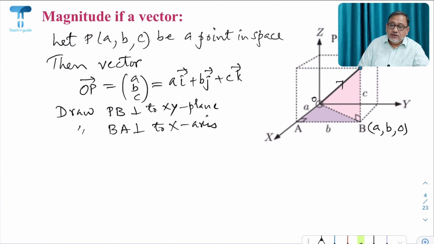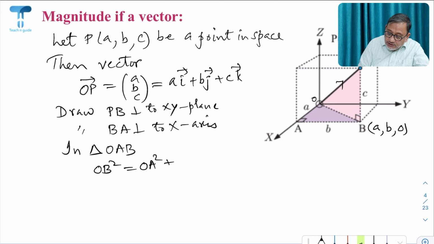So as you have learned in previous class, you can write OB square, look here, in triangle OAB. This is right angled at A, okay? So in OAB, OB is the hypotenuse side. So OB square is equal to OA square plus AB square.